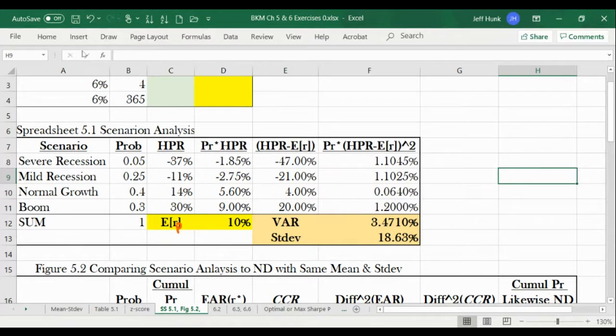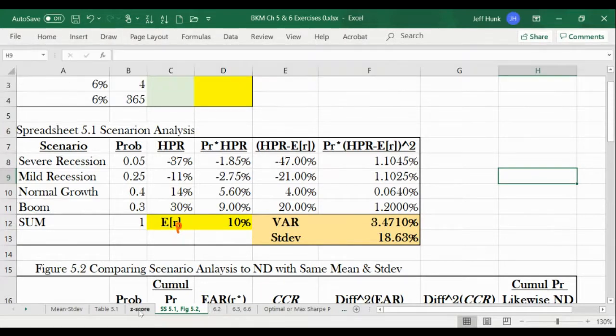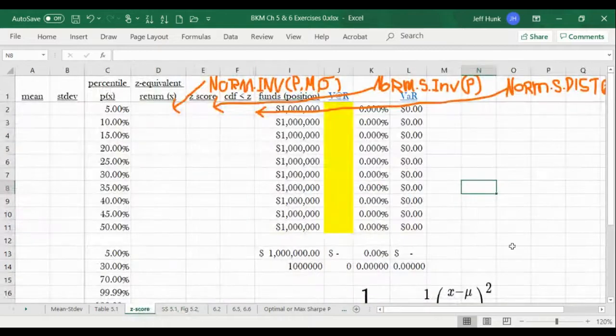Let's find out what is the value at risk in the worst case scenario of the severe recession, which has 5% probability. And it's not only that, we're going to also look into other probability cases.